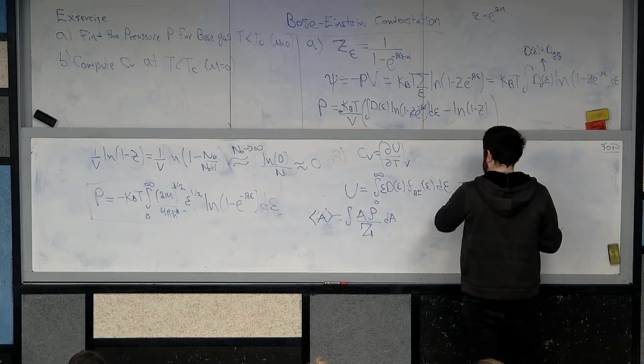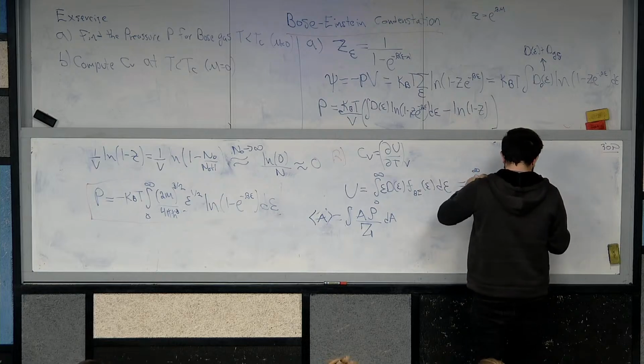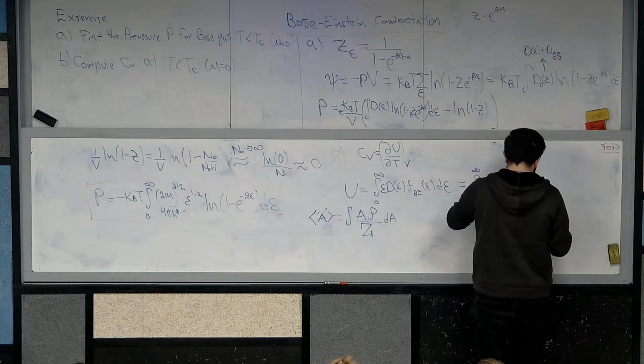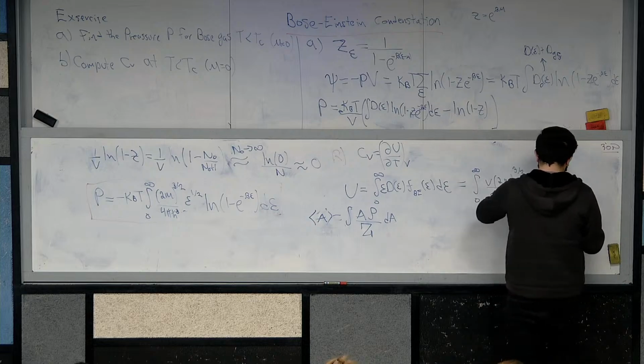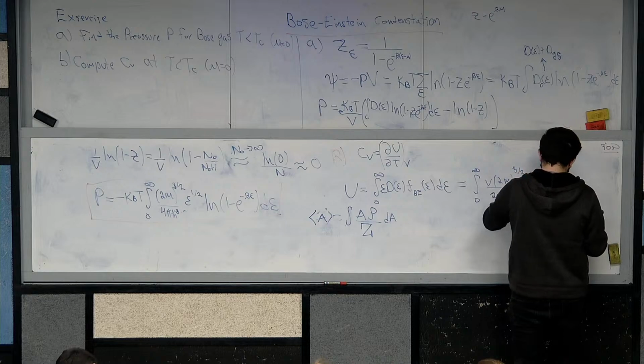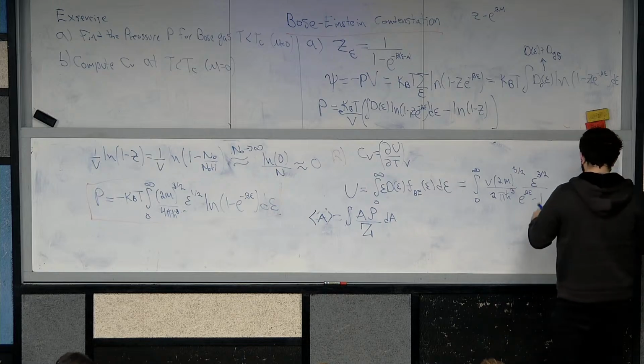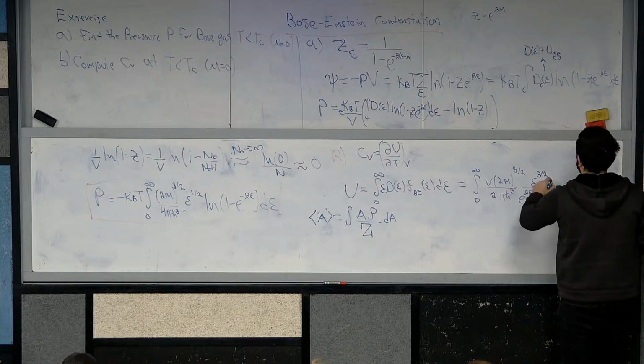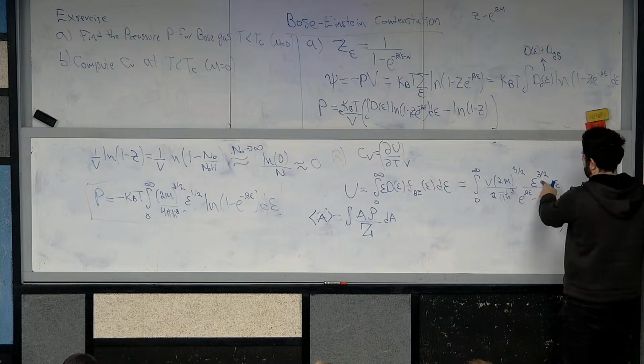So this is the integral from 0 to infinity, epsilon to the 3/2. This is again the zeta function for 3/2, and this is the epsilon.